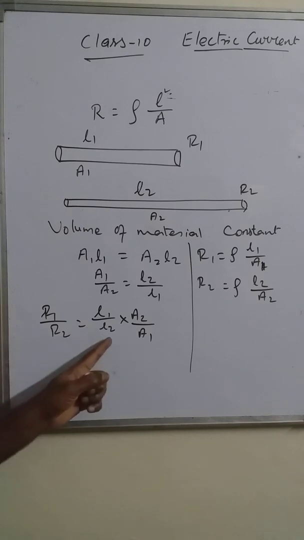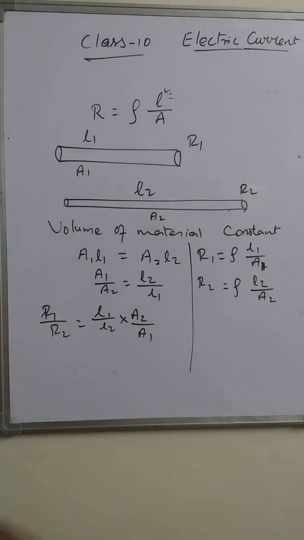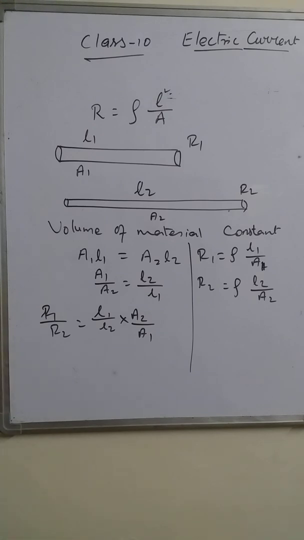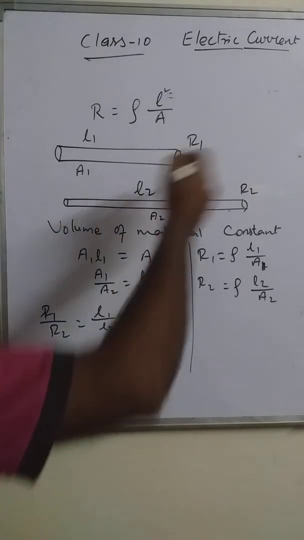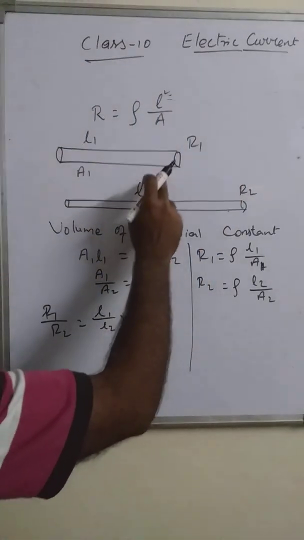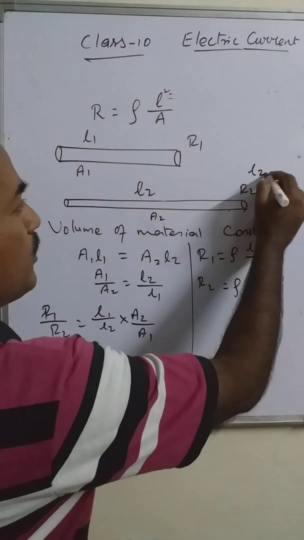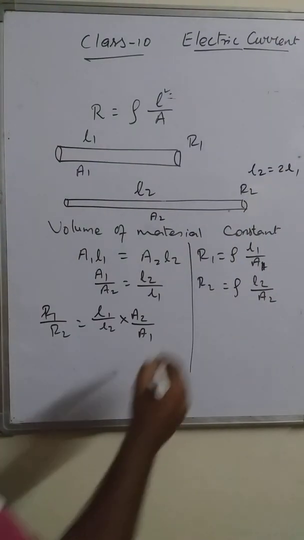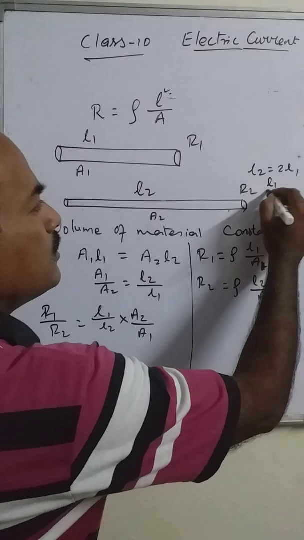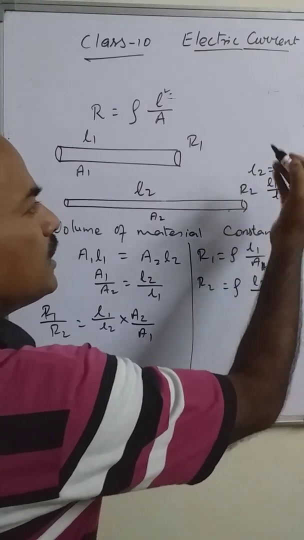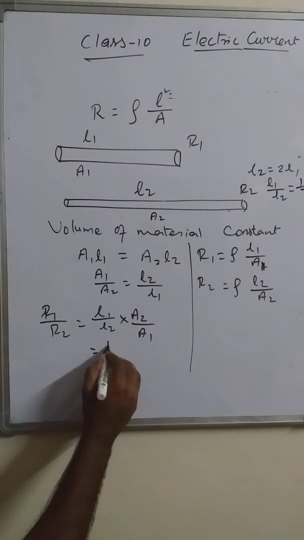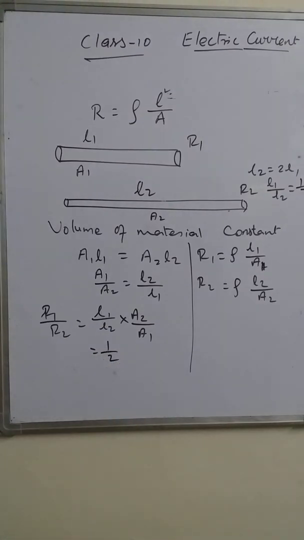So here we have the relation. Suppose any ratio is given. On stretching, if the length is doubled, that means L2 equal to 2L1, and L1 upon L2 equal to 1 upon 2, right?